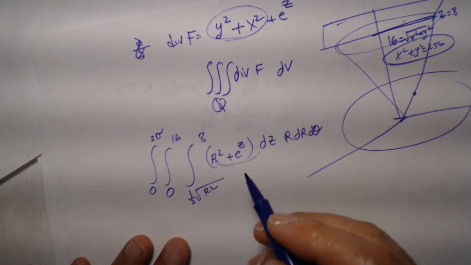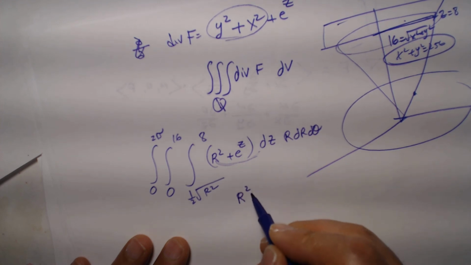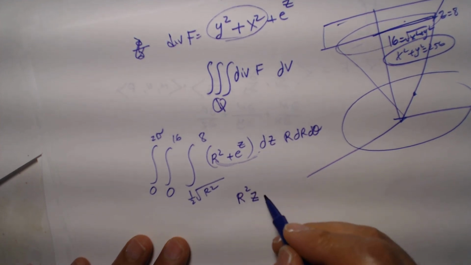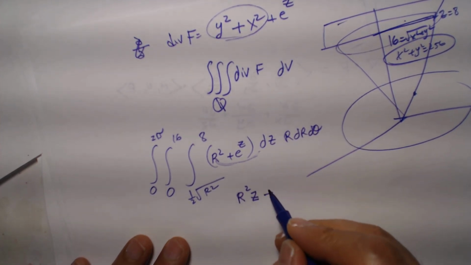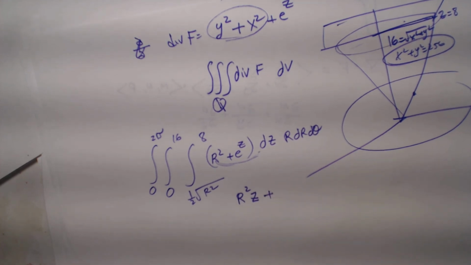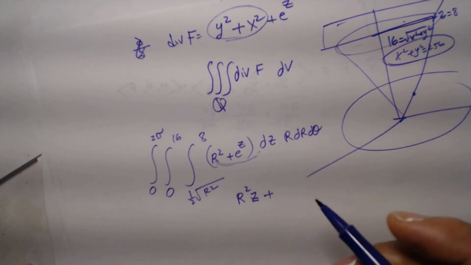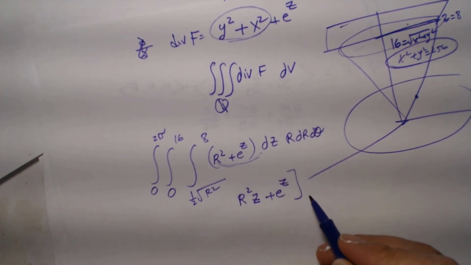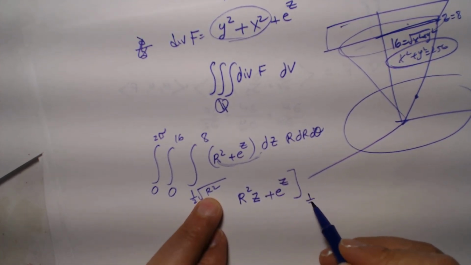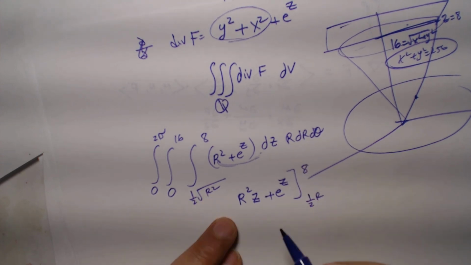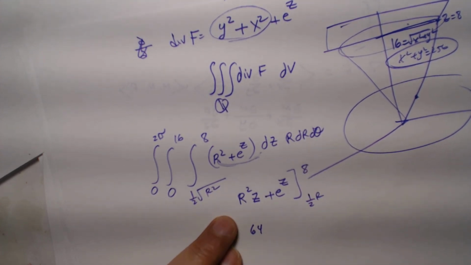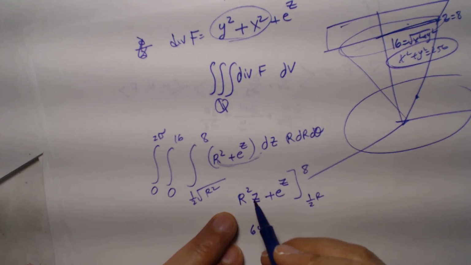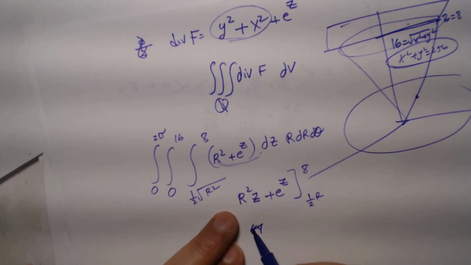Let's do this one with respect to z: r squared z plus the integral of e to the power of z is e to the power of z. And I'm going to do this one from 1/2 r to 8. That becomes 64. Let me see, what did I do? That's right. In here, why 64?